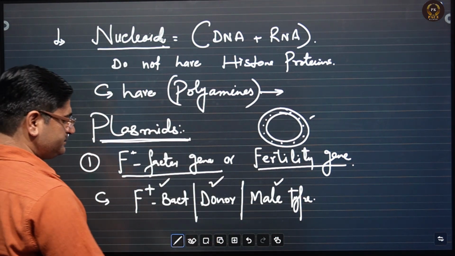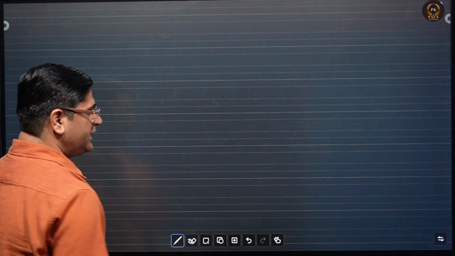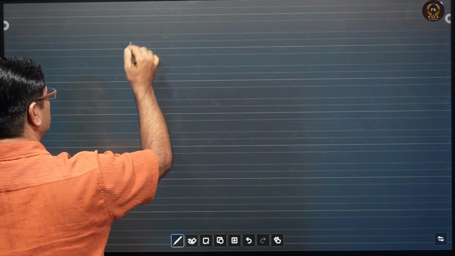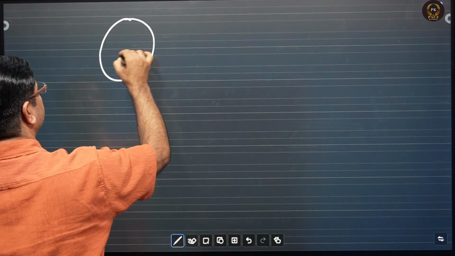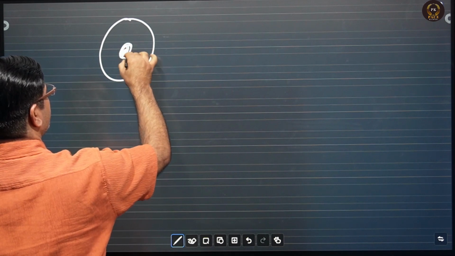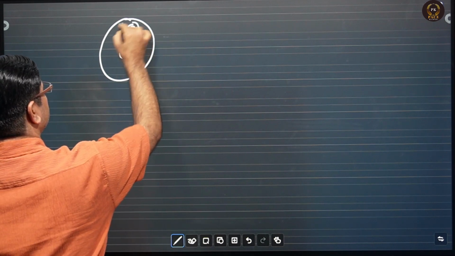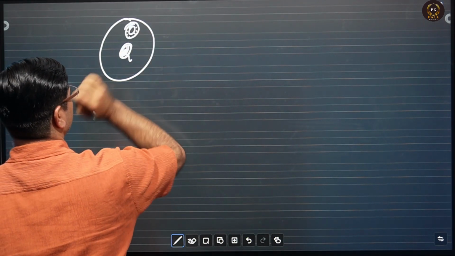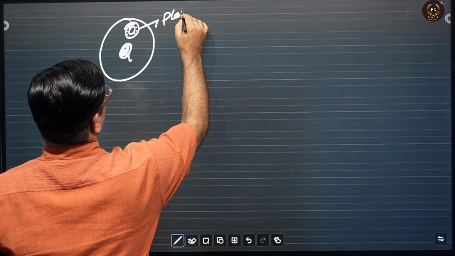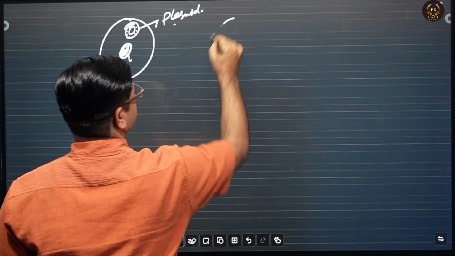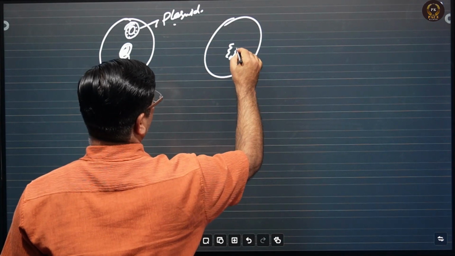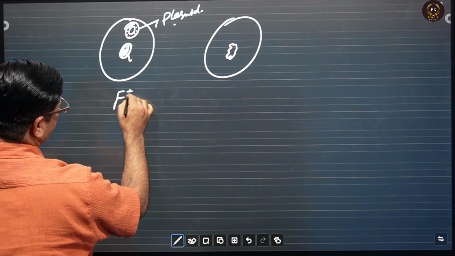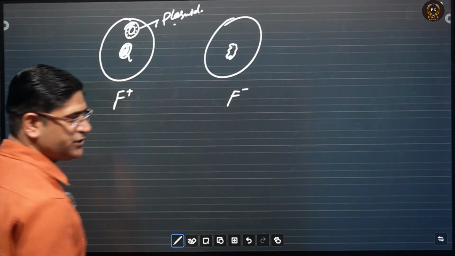Remember this point. The bacteria which does not contain this gene: suppose there is a bacterium that has a plasmid DNA, an extra chromosomal DNA, and there is another bacterium that doesn't have plasmid DNA, only genomic DNA. This one will be considered F positive and this one F negative.